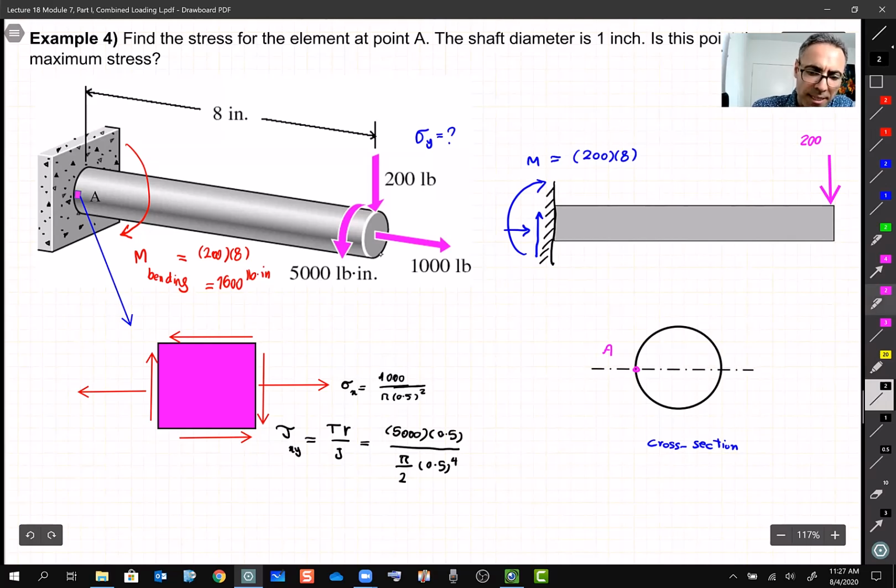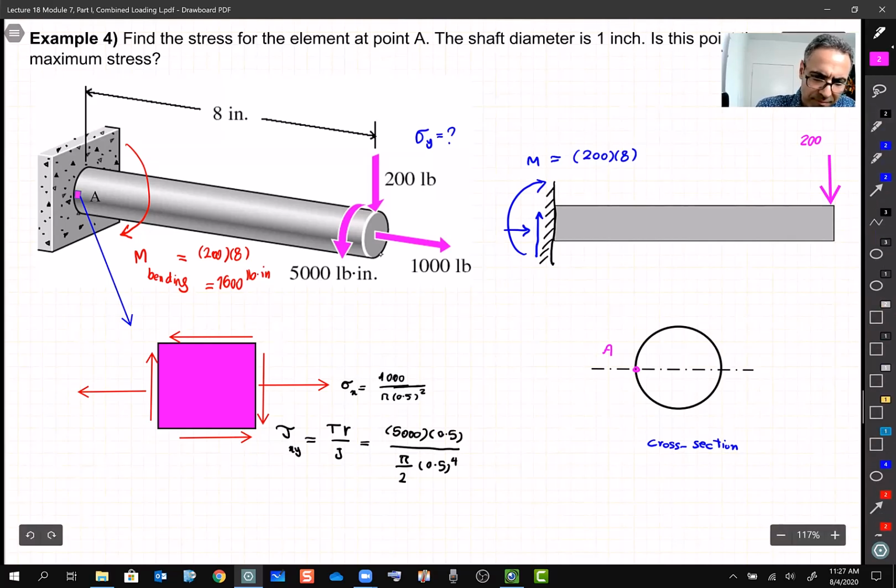This is your neutral axis. My laptop's getting slow when it gets hot.